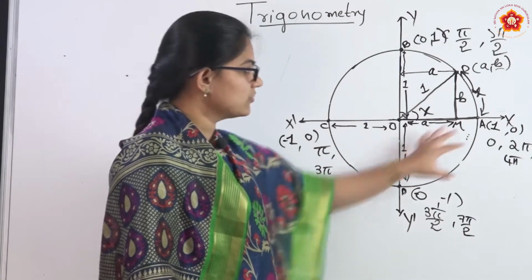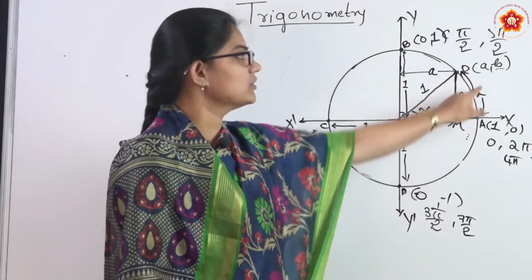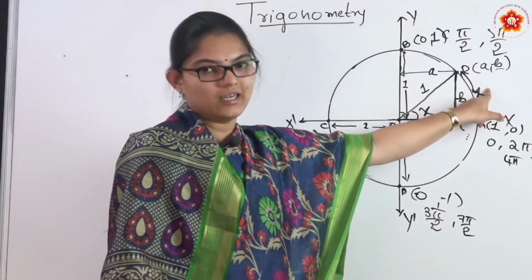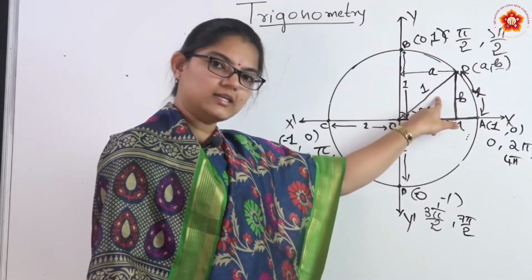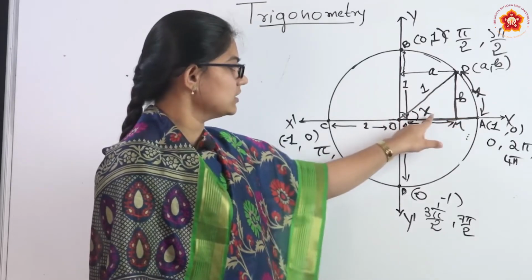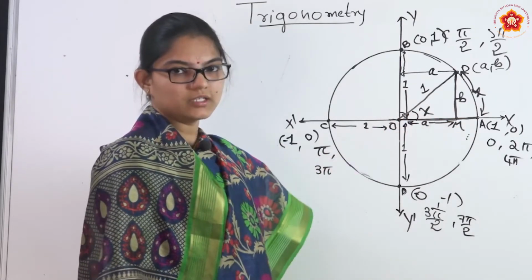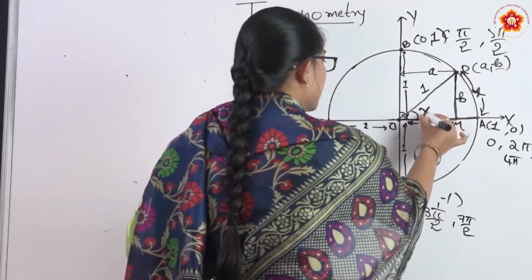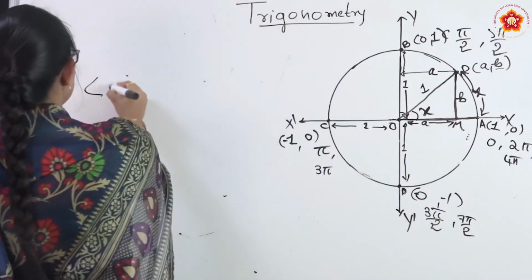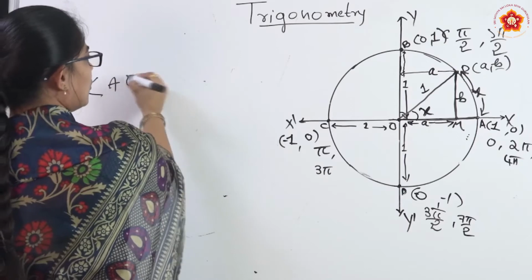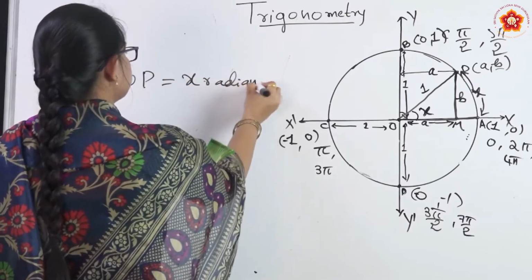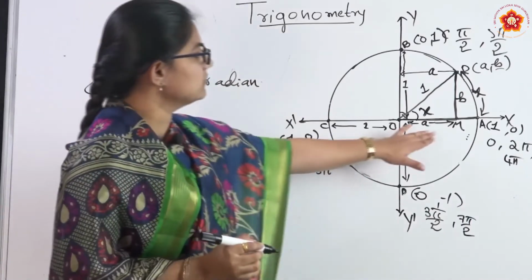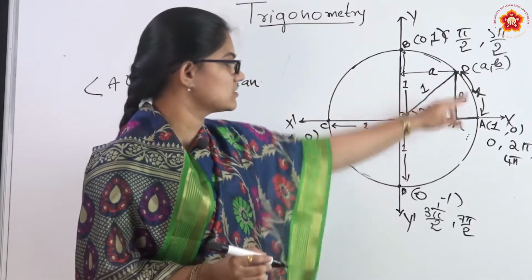So if you have in a circle an arc of length x units, then it will subtend an angle of x radian at the center. So we got the angle AOP as x radian.